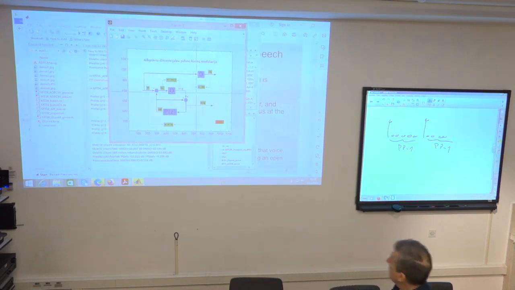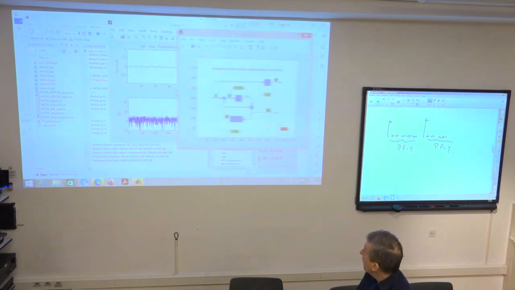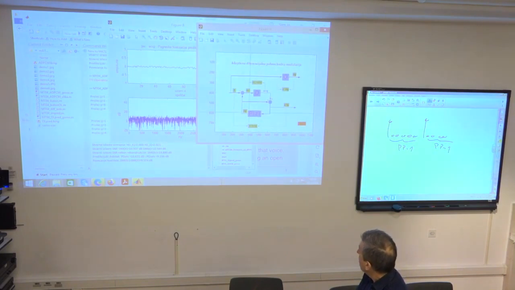Now the block diagram looks different than with open loop coding, because now I have this local replica of the decoder on the encoding side.